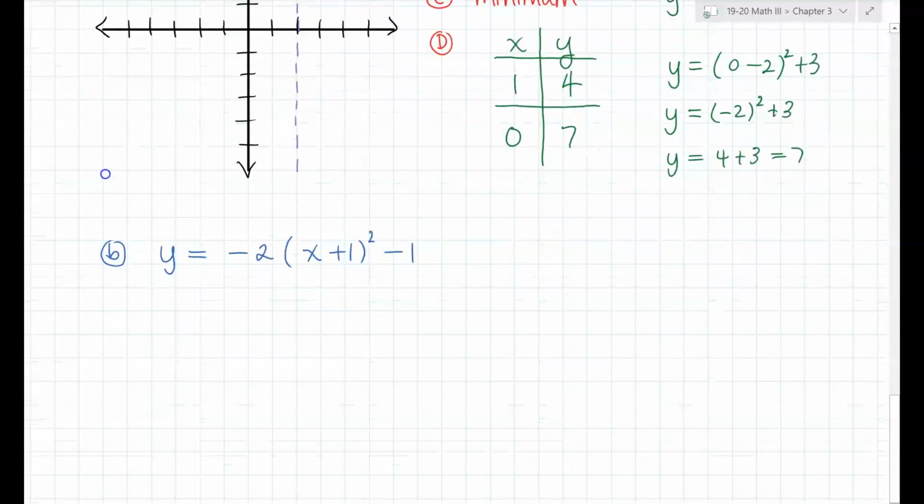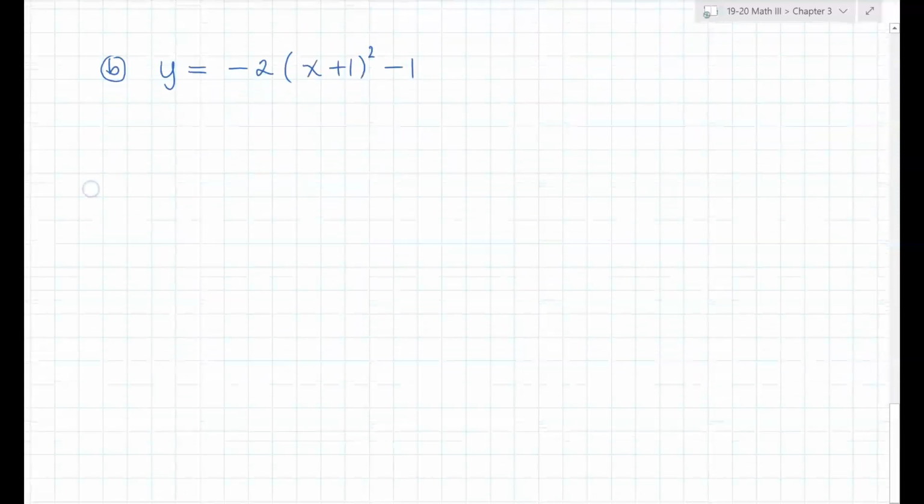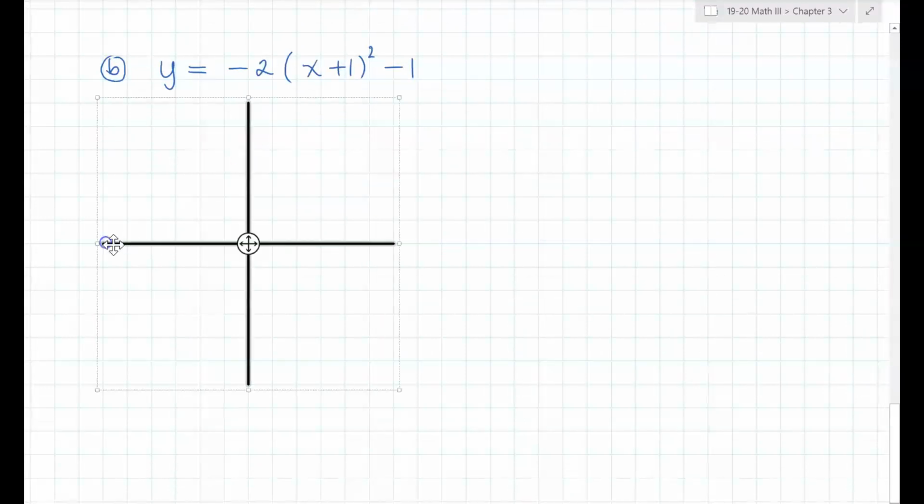Okay, so I'm going to draw another parabola right here. And let me put the axis of symmetry here. So let me put the tick marks as well. And then I will get to this problem.